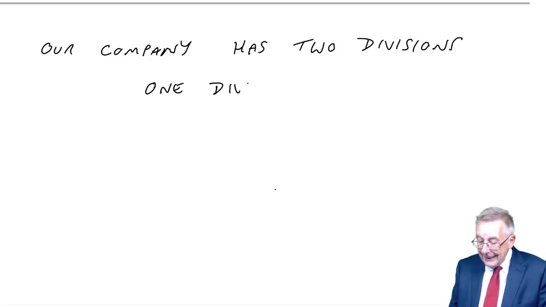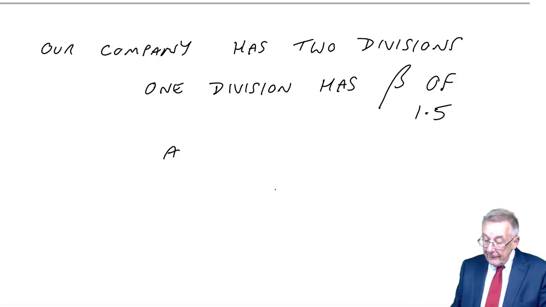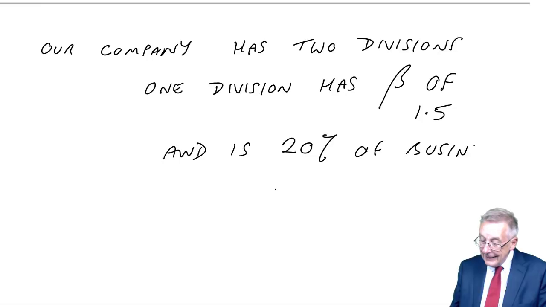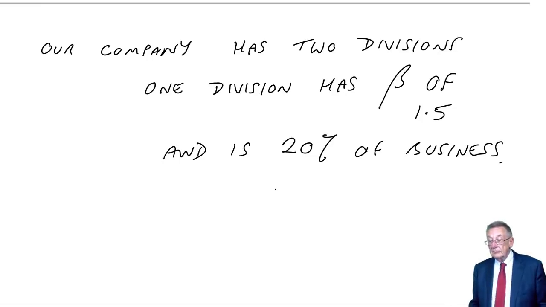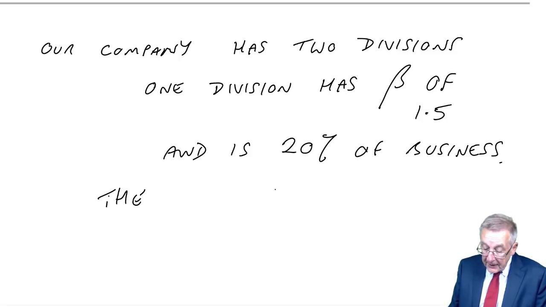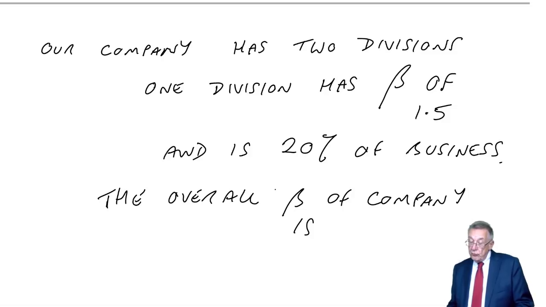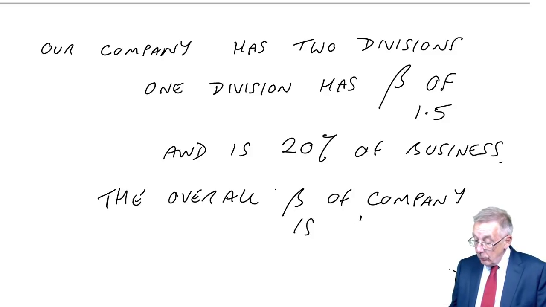One division has beta of 1.5 and is 20% of the business, the overall beta of the company is 1.6.